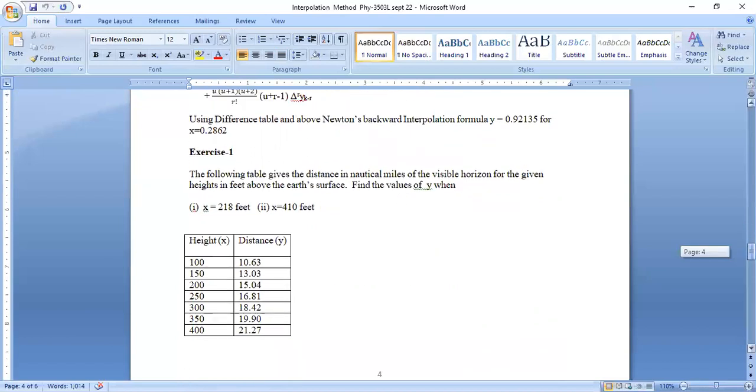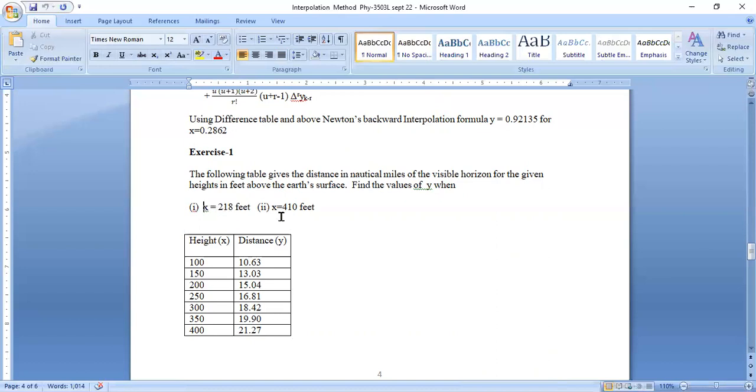You see here the x is 218. This 218 is very close to 200, so your xk is 200, which is lying at the beginning of the table. So you use the Newton forward interpolation formula.